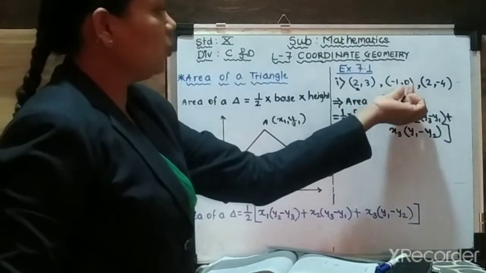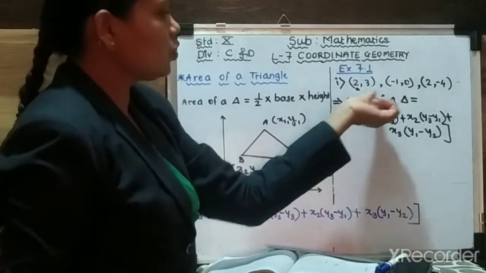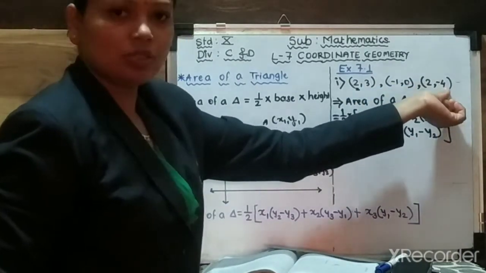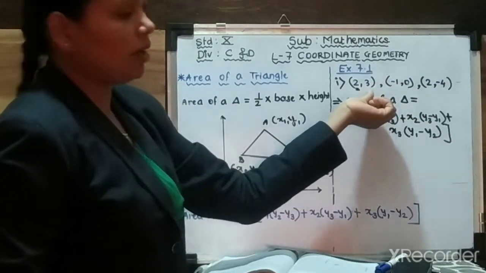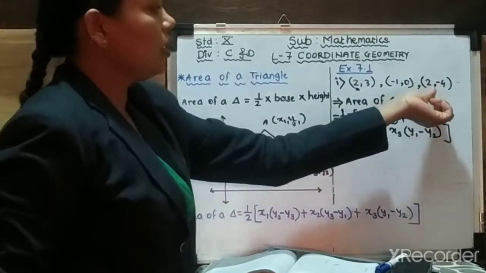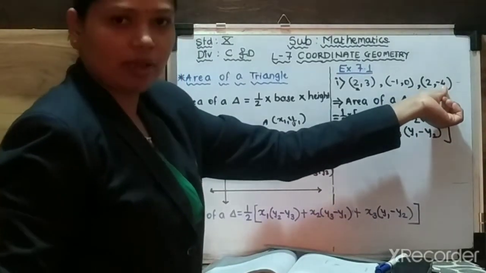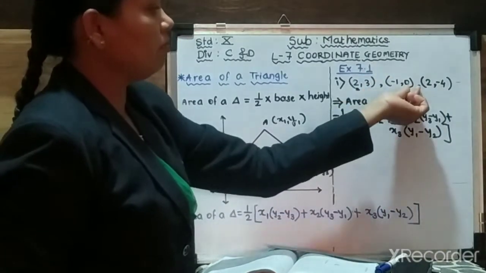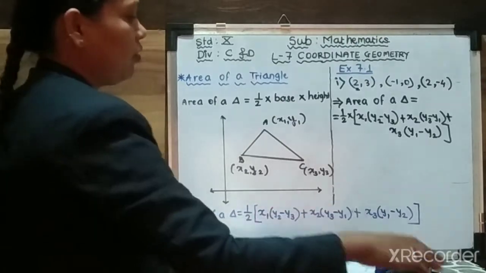So first y2 minus y3 we will take. Then for x2, the next coordinates are y3 and then y1. So y3 minus y1 we will take. Now when we take x3, we are not going to consider y3. So x3 times y1 minus y2. Understood this? So likewise we will have the formula.